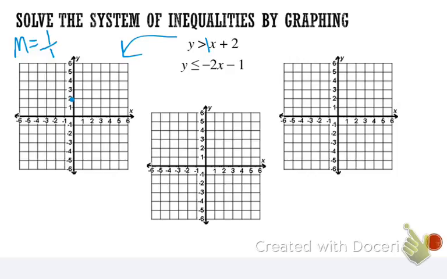Whenever the number is not a fraction, put it over 1. So I'm going to go up 1 and to the right 1, all the way through. Do the opposite: go down 1 and to the left 1.